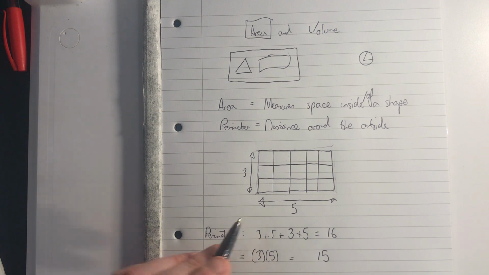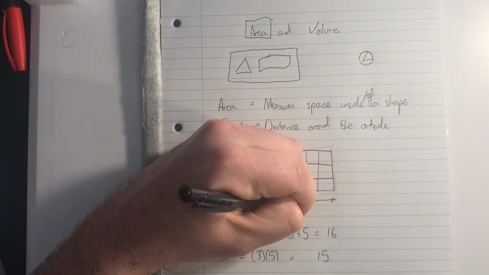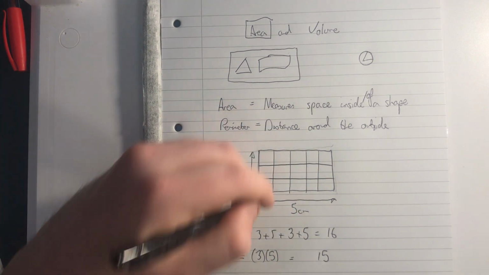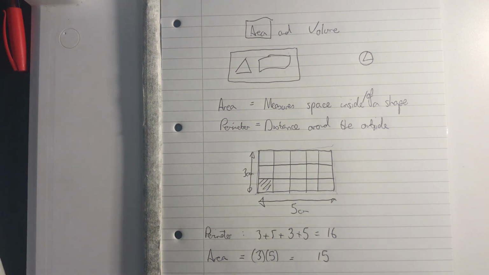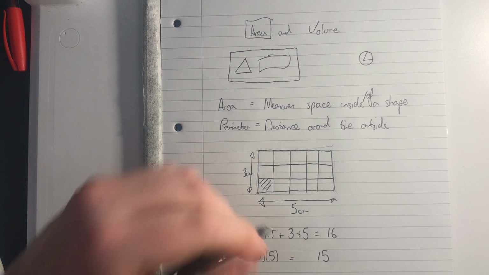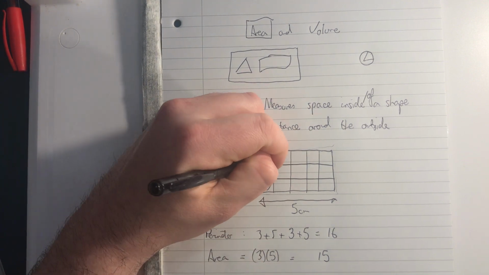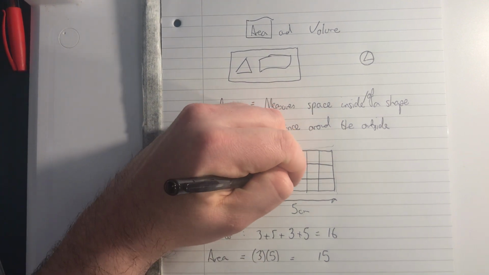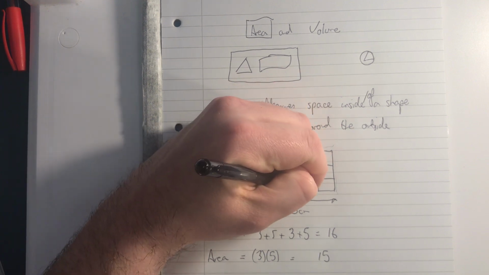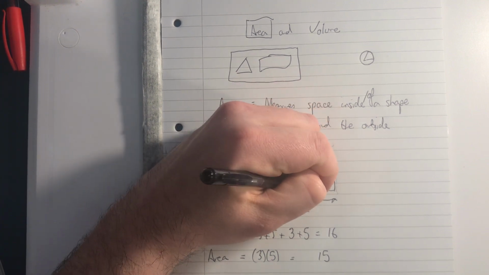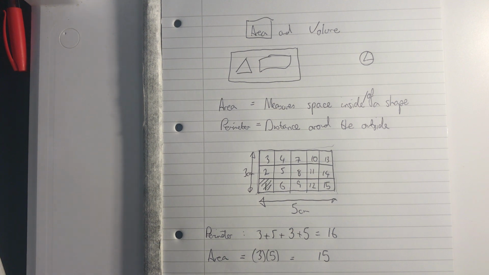And if each of these, let's say, was a centimeter, then each one of these boxes here would be 1 centimeter squared. And we should have 15 of those boxes. So we have 1, 2, 3, 4, 5, 6, 7, 8, 9, 10, 11, 12, 13, 14, and 15. So there are 15 of those 1 centimeter squares in a 3 by 5 rectangle. So that's where that formula is coming from.